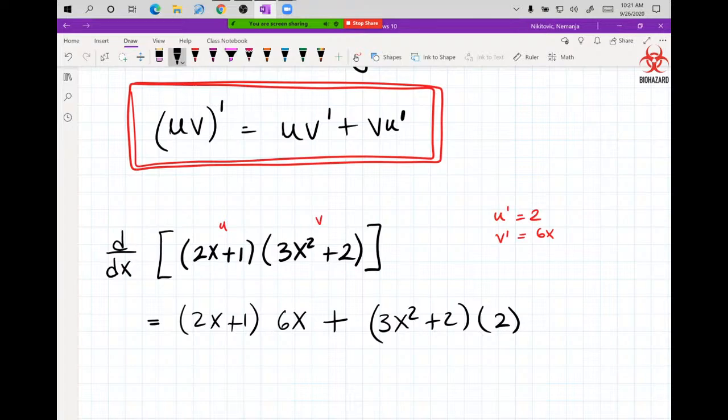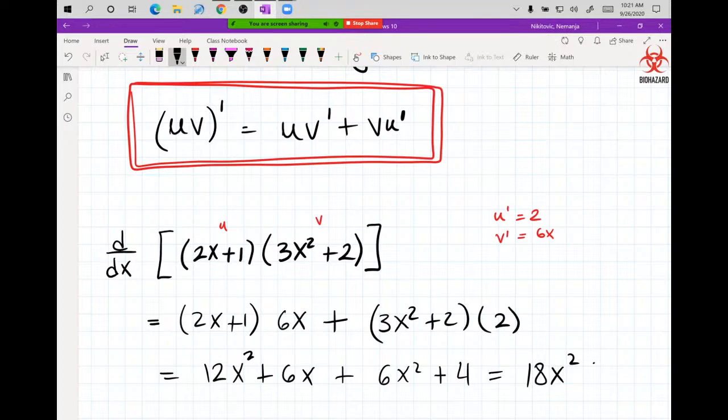So we distribute 6x, get 12x squared plus 6x, and then over here we distribute and get 6x squared plus 4, and the total of this is exactly the same as what we had earlier as the result in the other one. This is not the proof that it works, right? This is us just verifying the formula on one example, and there are infinitely many examples to go.